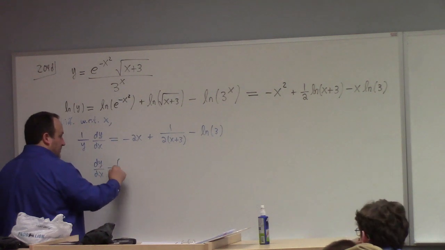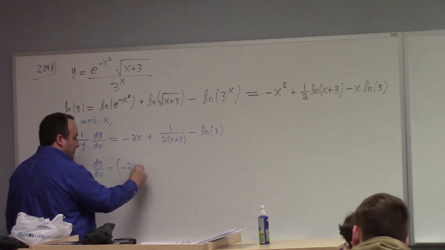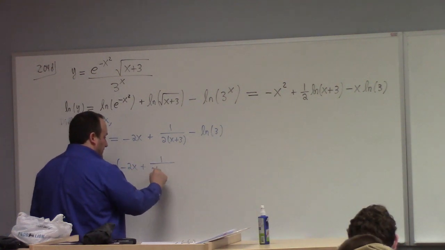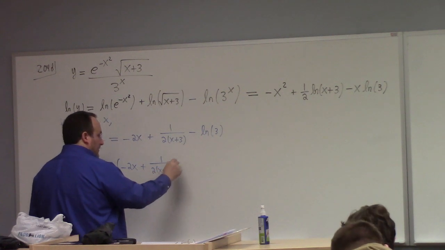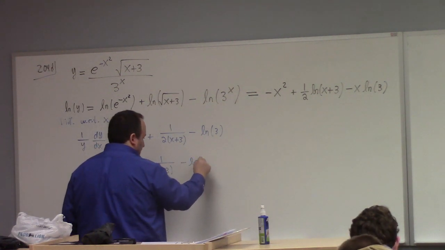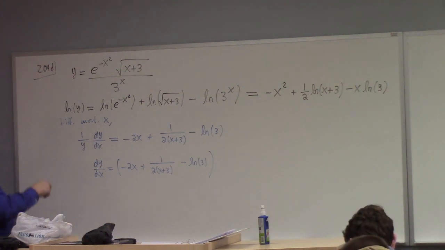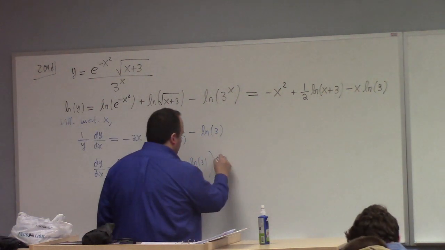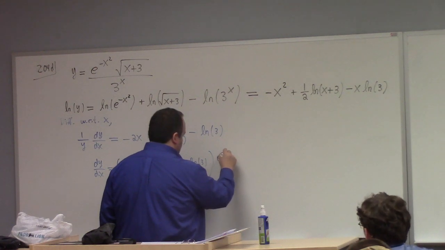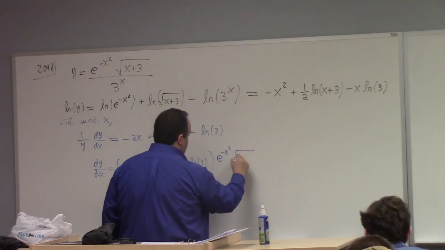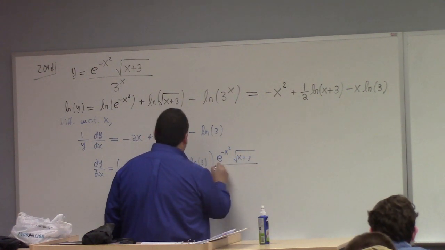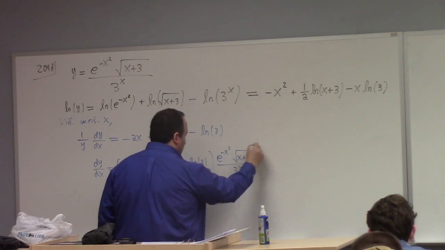And we get minus 2x plus 1 over 2 times x plus 3 minus the natural log of 3, all times y. But what was y? Y was that mess up there. So e to the minus x squared square root of x plus 3 divided by 3 to the power x. There you go.